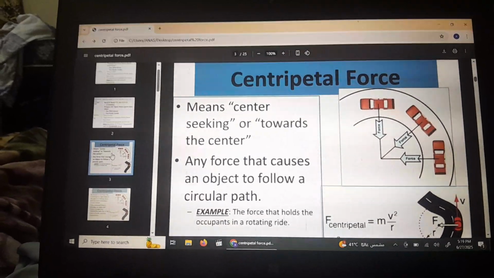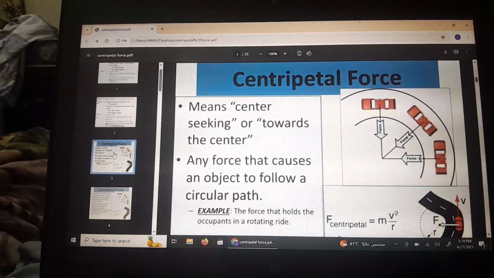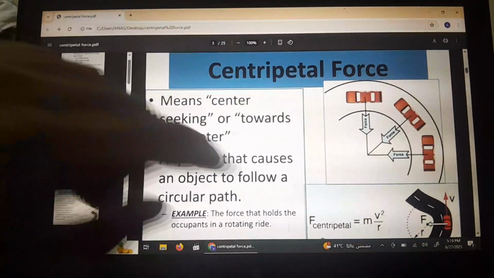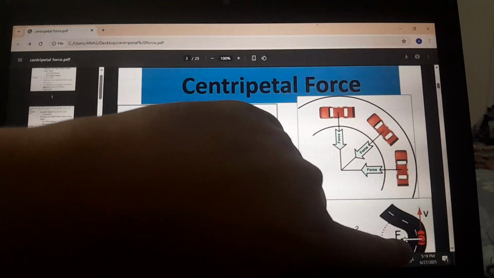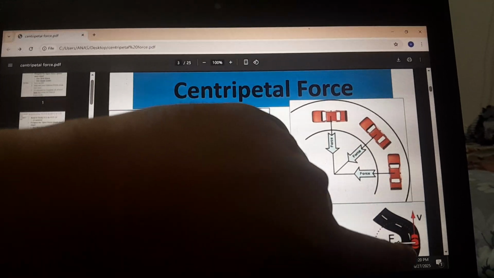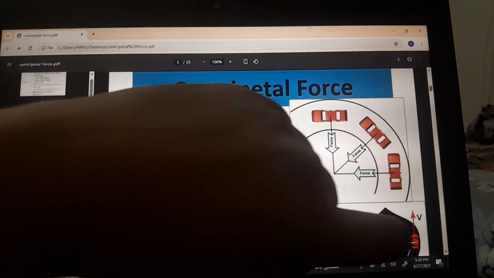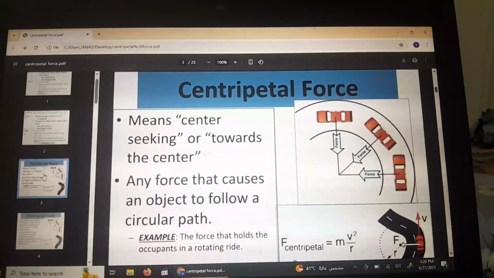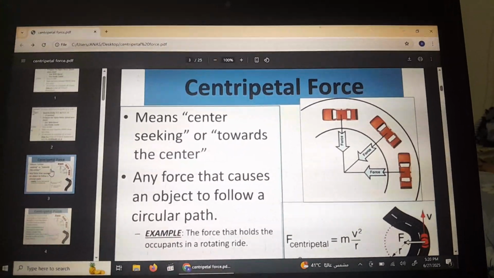You observe that when the car takes a very sharp turn, the person sitting inside is pulled in the outward direction due to inertia.